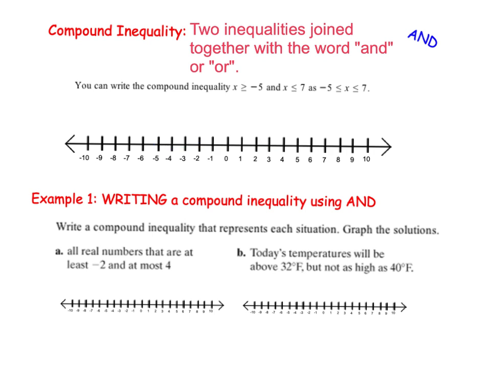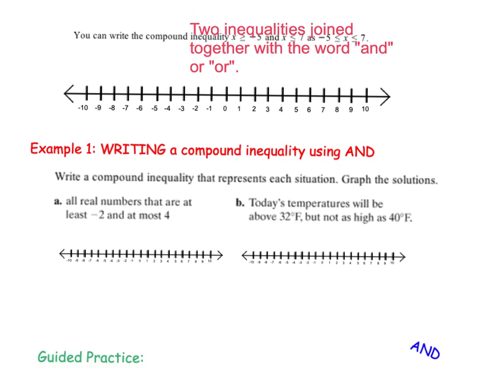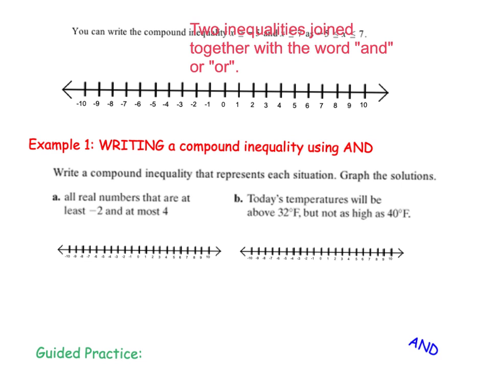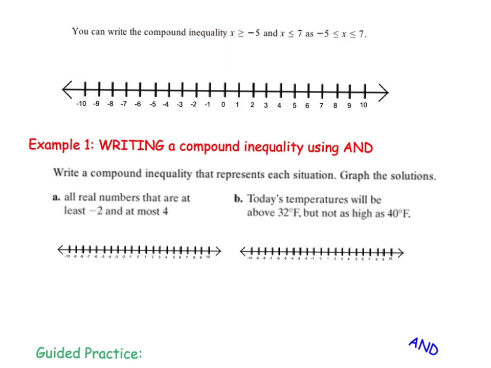So let's do an example where we have to write a compound inequality using the word and. Our job here is to write a compound inequality that represents each of the situations, and then we're going to graph the solutions. So the first one, letter A, says all real numbers that are at least -2 and at most 7.